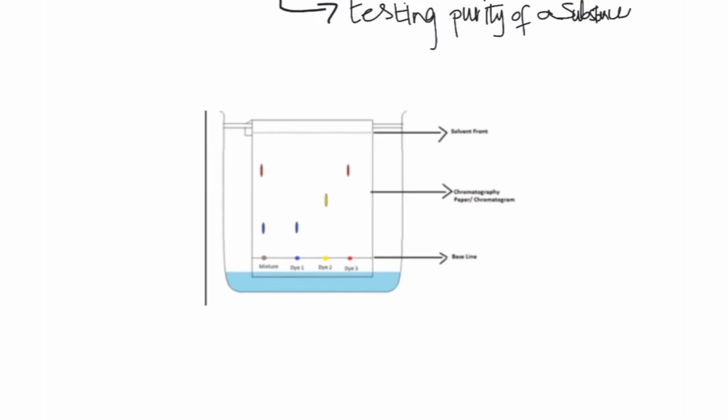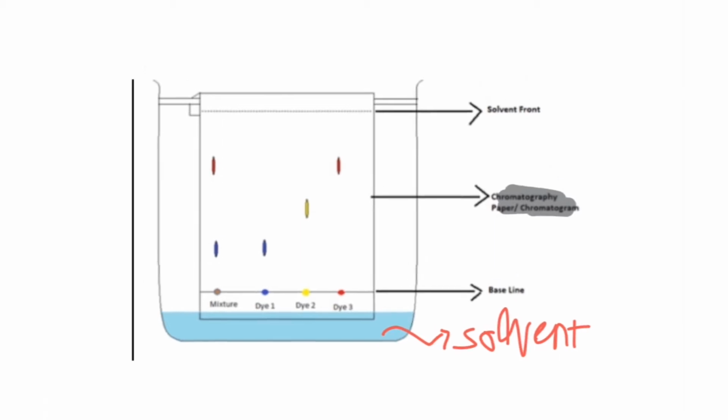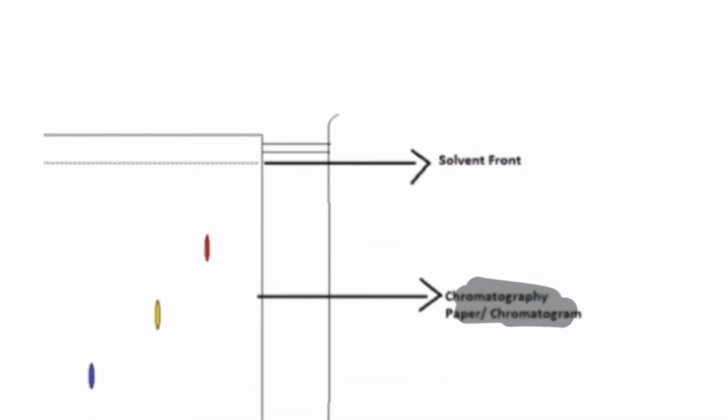Here is the setup used for paper chromatography. There is a chromatogram, which is the chromatography paper, which is dipped inside a solvent, and the baseline on which dyes are placed is just above the solvent level, and on top there is a solvent front, which is basically the maximum distance traveled by the solvent.